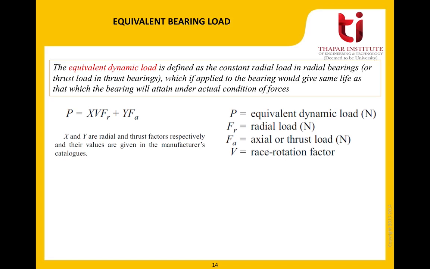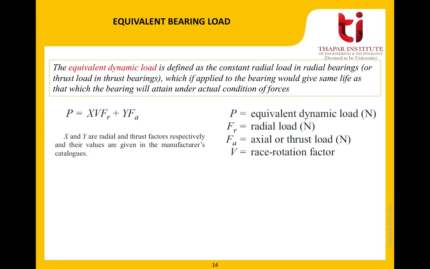Now, one important thing that needs to be understood is that the value of V is 1 when the inner race rotates while the outer race is held stationary in the housing. And secondly, the value of V is 1.2 when the outer race rotates with respect to load while the inner race remains stationary.